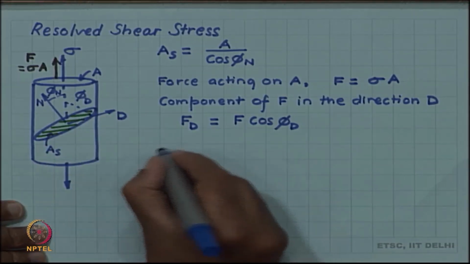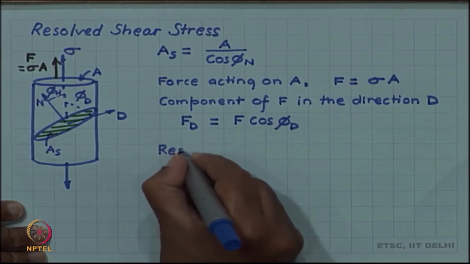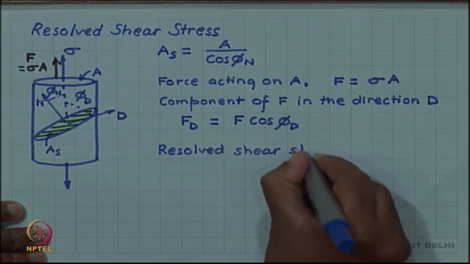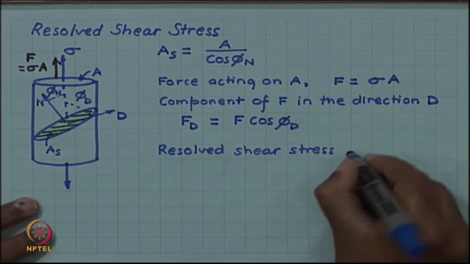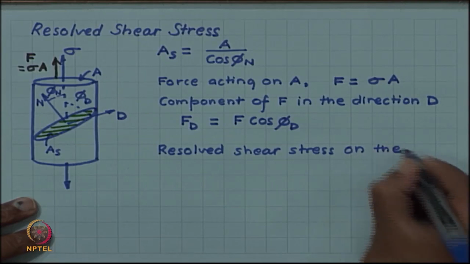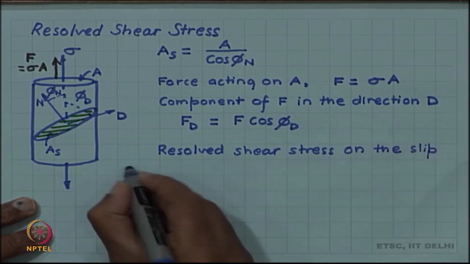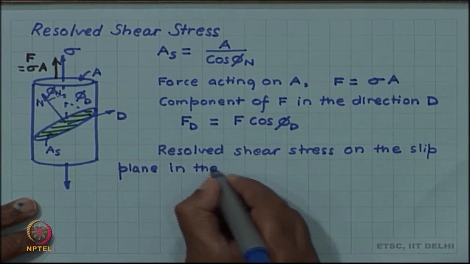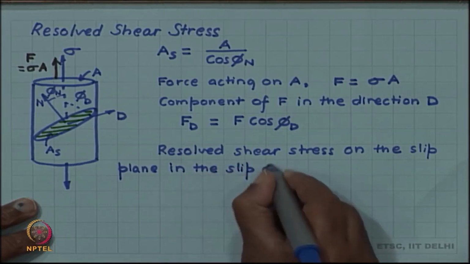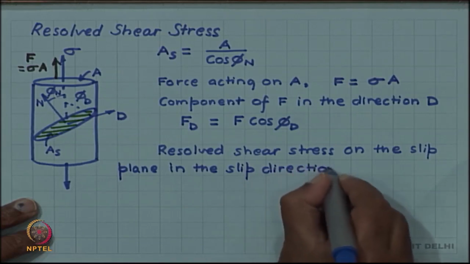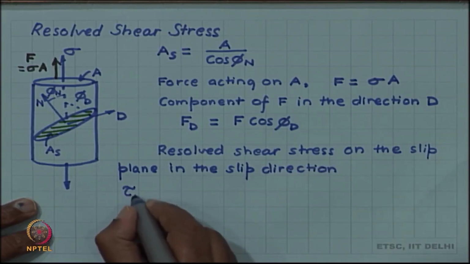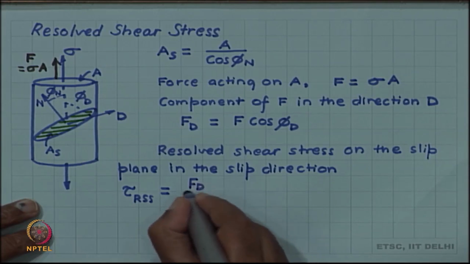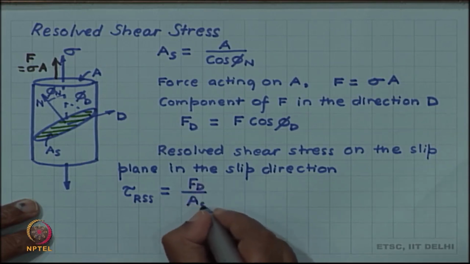So, the resolved shear stress on the slip plane in the slip direction, tau RSS, will be the force Fd acting on an area AS.